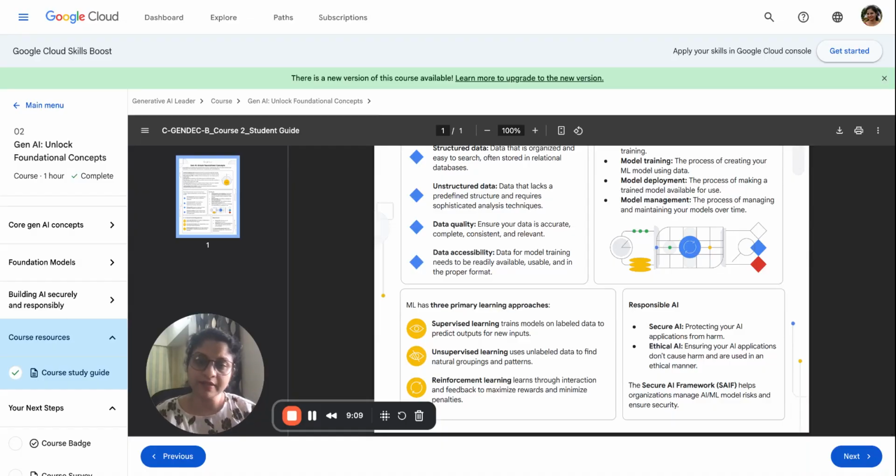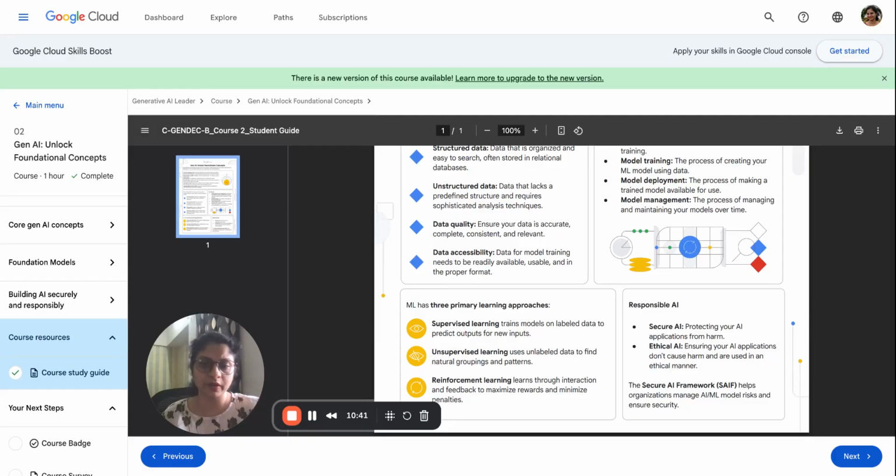And then we have discussed the three preliminary learning approaches, which are supervised learning, unsupervised learning, and reinforcement learning. So in this topic as well, you can expect 2 to 3 questions on distinguishing what is supervised learning, what is unsupervised learning, and what is reinforcement learning. So expect questions where they will give you a scenario, and in that scenario they will ask you what kind of learning this is.